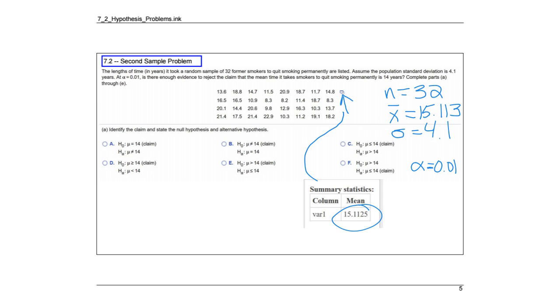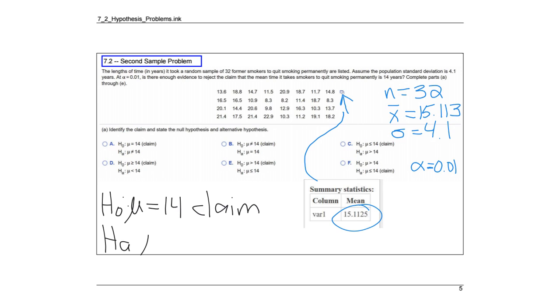All right, so it says the claim is that the mean time it takes smokers to quit smoking permanently is 14 years. Okay, so the mean is equal to 14. This is also the claim. This is also the null hypothesis because it's an equal sign.